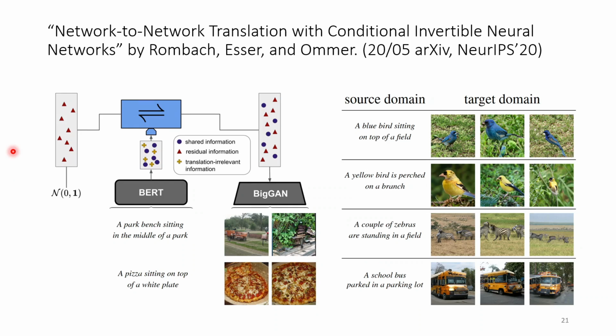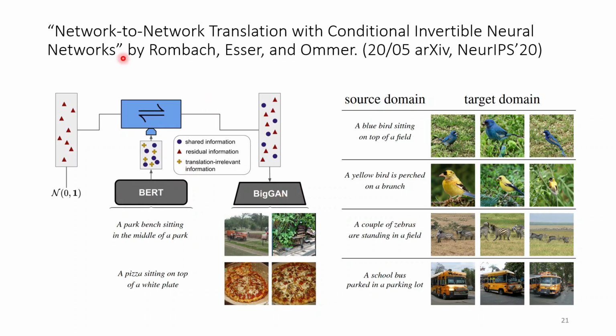Their idea is that BERT is a model that is very, very expensive to train. And BigGAN is also a model that is very, very expensive to train. Can they find a method so they do not need to train those models, and just use the pre-trained models to generate the images? BERT is a language model, and BigGAN is an image model.